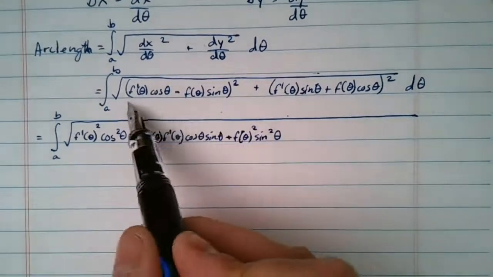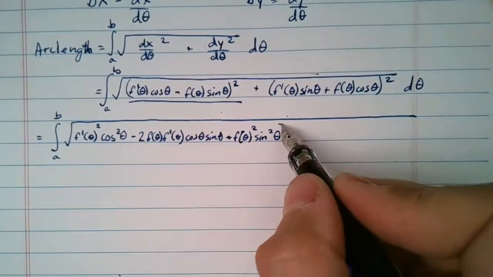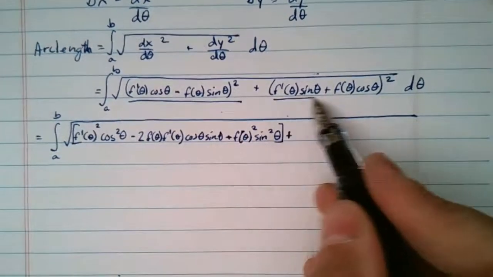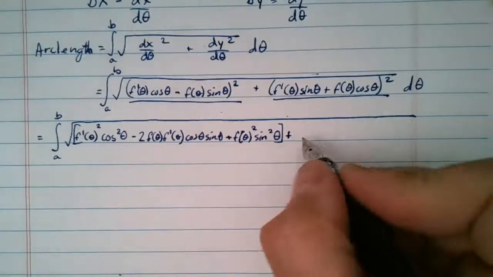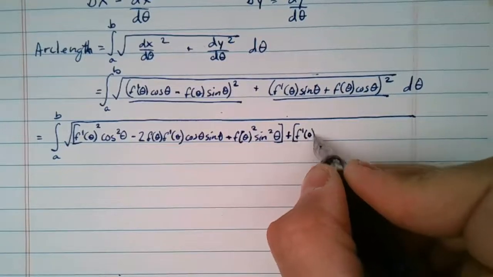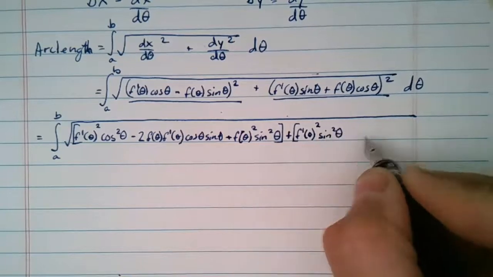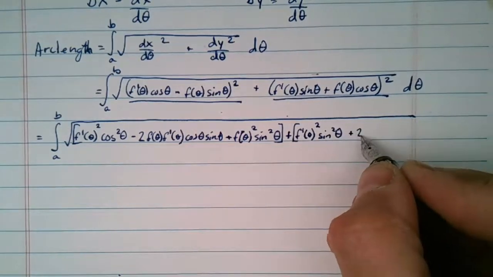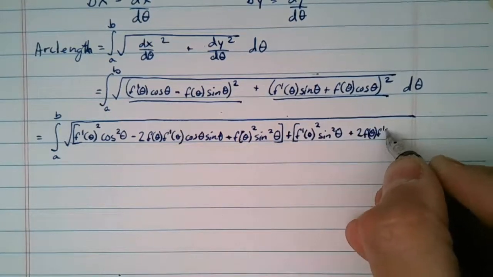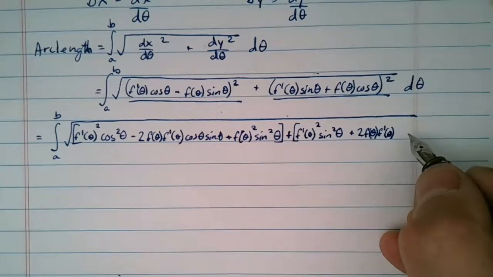So that is this guy here squared. Then it'll be plus, oh boy, I'm going to put brackets around that first piece. Now we're going to square this second piece. Same kind of thing. What are we going to get? We're going to get f prime of theta squared sine squared theta, then plus 2 f of theta f prime of theta times cosine theta sine theta.